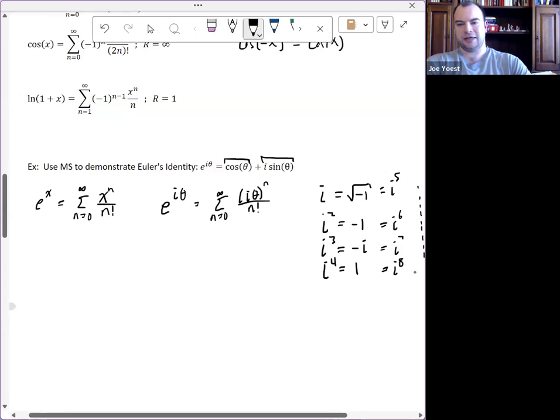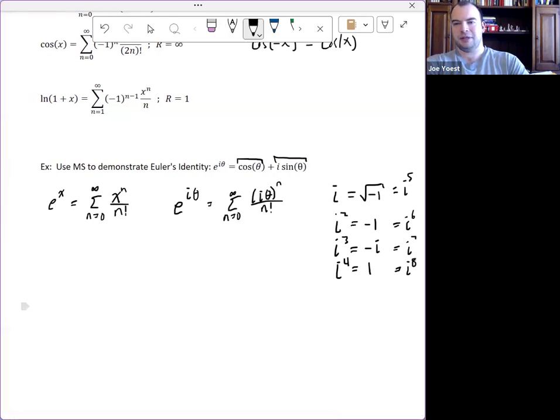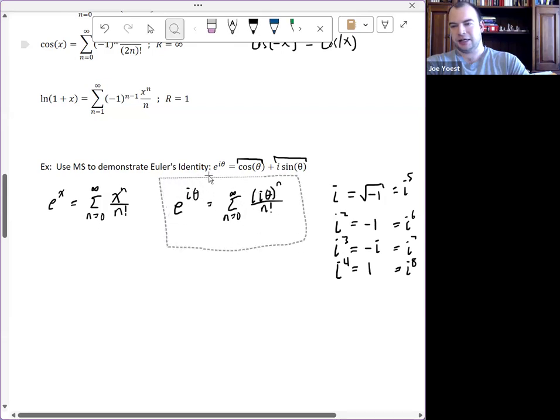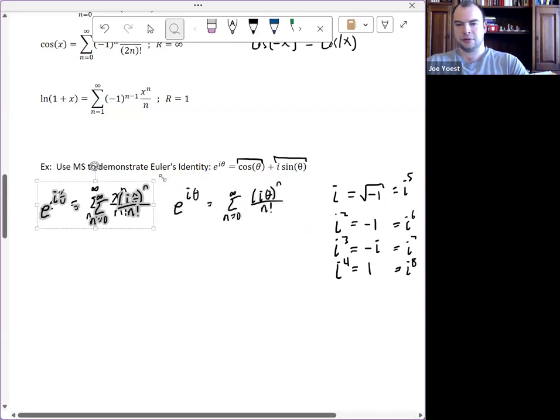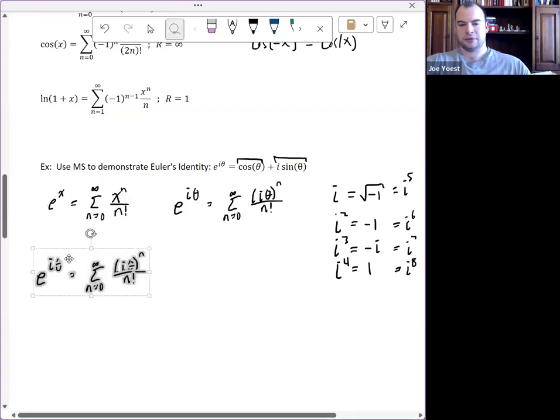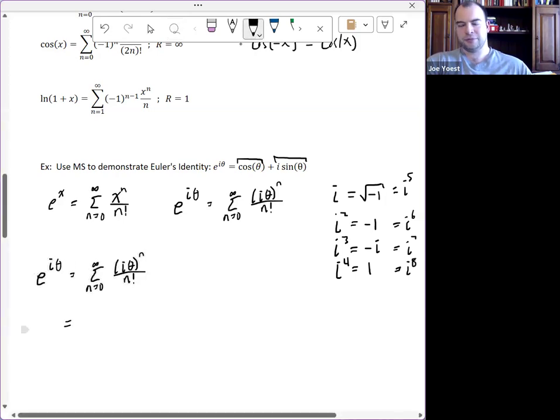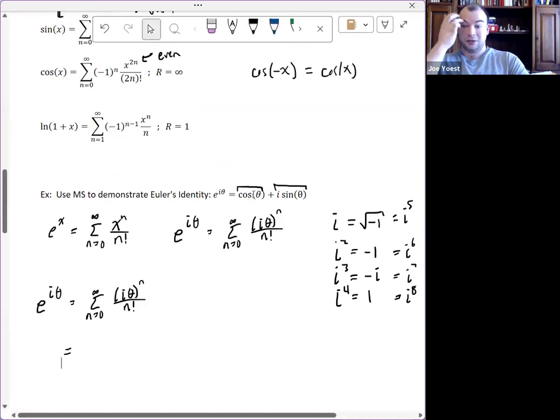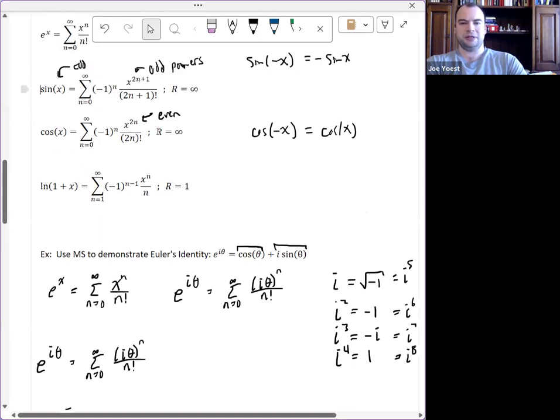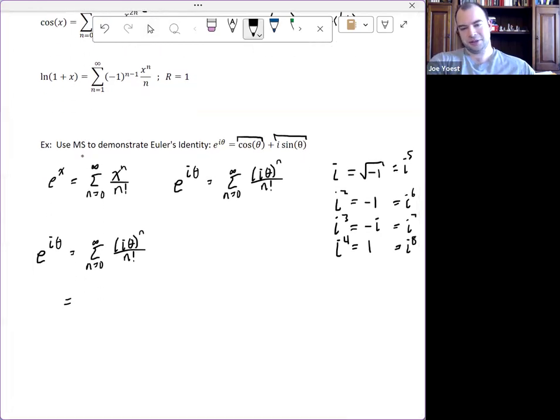Okay, so let me look at, maybe I'll just copy this down instead of rewriting it. Let me look at e to the i theta. And the first thing I want to do, if I'm looking to split this into a cosine bit plus a sine bit, is break apart the even parts and the odd parts, the even powers and odd powers.